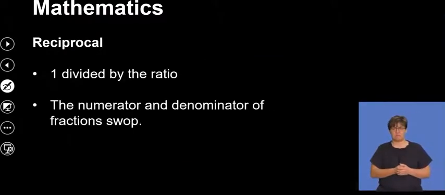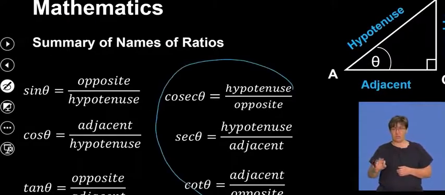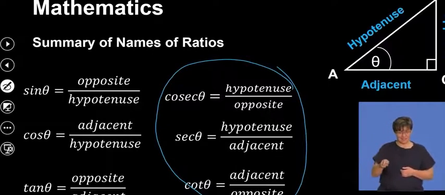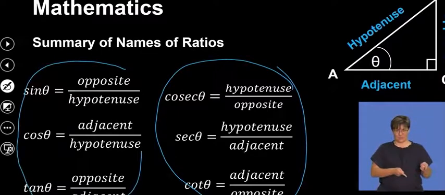We call these here the reciprocals. Remember, I was using the word reciprocal when I started here. We call these the ratios. So these are 3 ratios: sine, cos, and tan. And then cosec, sec, and cot are the reciprocals of the 3 main ratios.